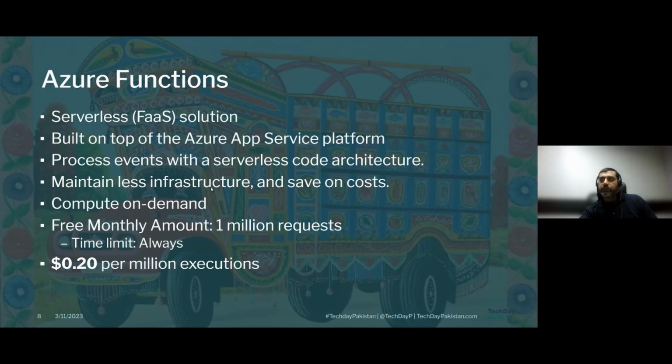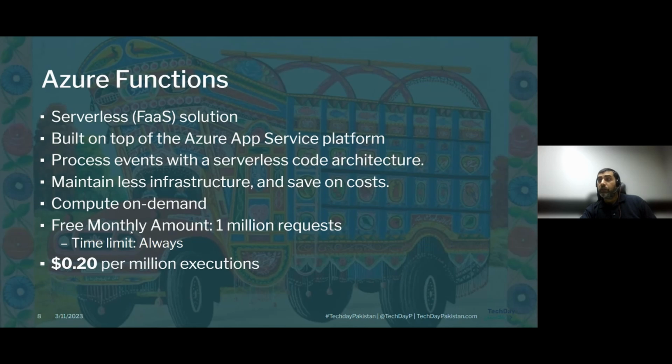maintain less infrastructure, compute on demand. As I shared earlier, these Azure functions will be computed on demand. And on demand means when an event is triggered or you access these functions, you will be charged based on that.